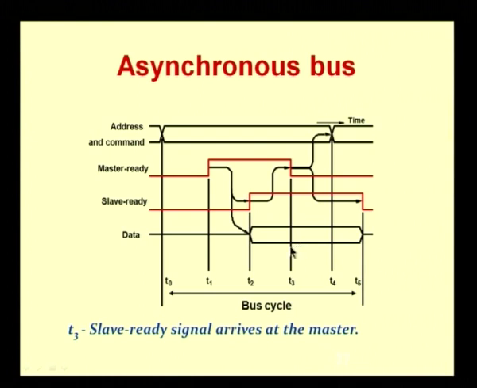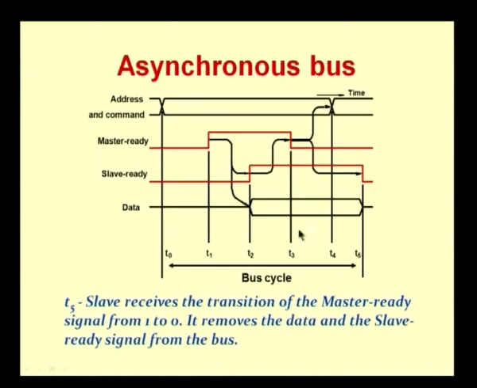Now, after the master ready signal goes down, the next thing that happens is that the master removes the address and command lines from the bus. Once it removes the address and command lines, at time t5 you can see that the slave receives the transition of the master ready signal from 1 to 0.